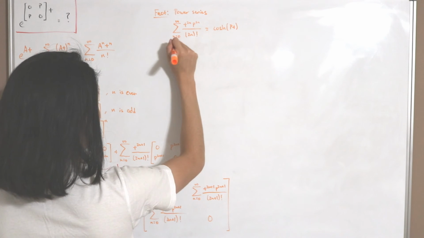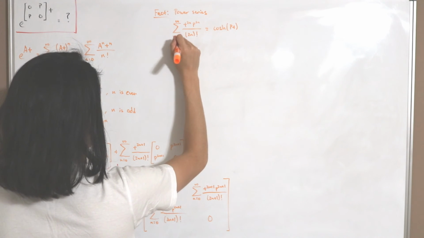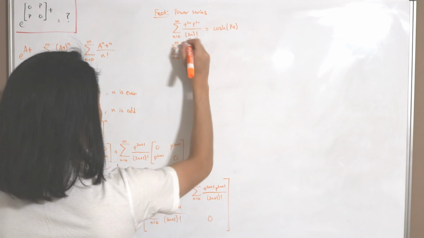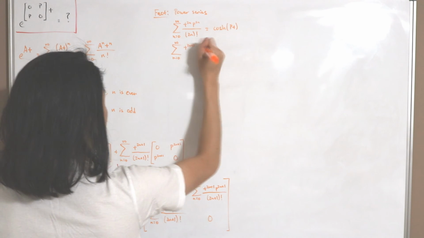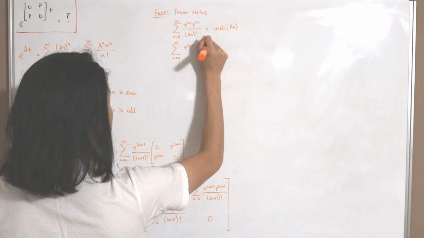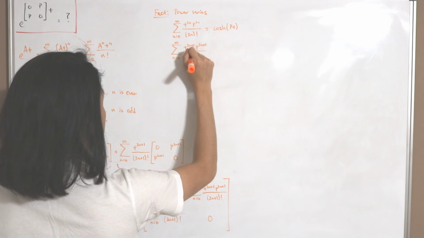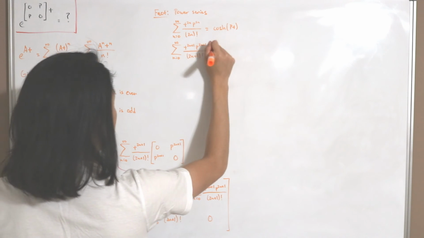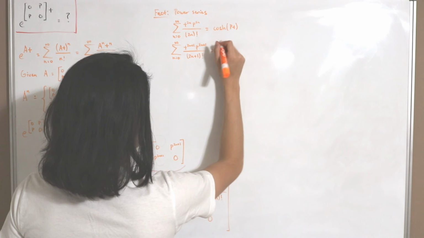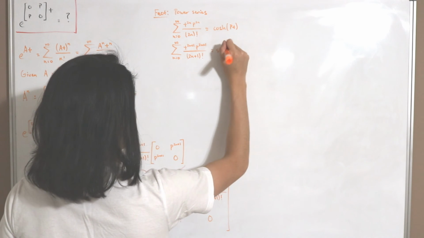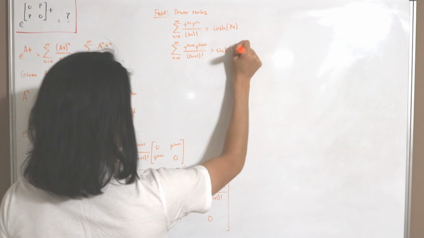And then the other one is that if we're dealing with the odd terms, so t to the 2n plus 1, then times p to the 2n plus 1, divided by 2n plus 1 factorial, the representation is that this is actually just equal to the hyperbolic sine of p times t.